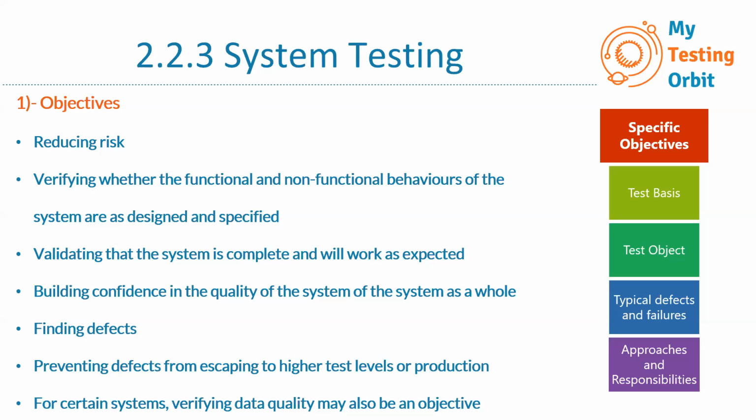Though we have already integrated and done individual testing of components, the risk of how all those components integrate together to form a complete system still exists. So system testing reduces this risk by making sure that the system functions as per the requirements. That's why this is one of the key objectives of system testing.